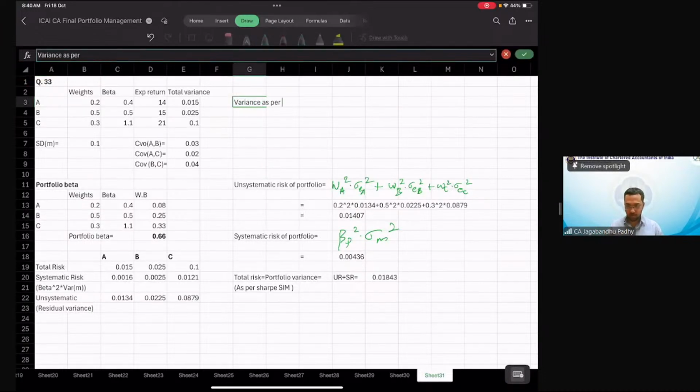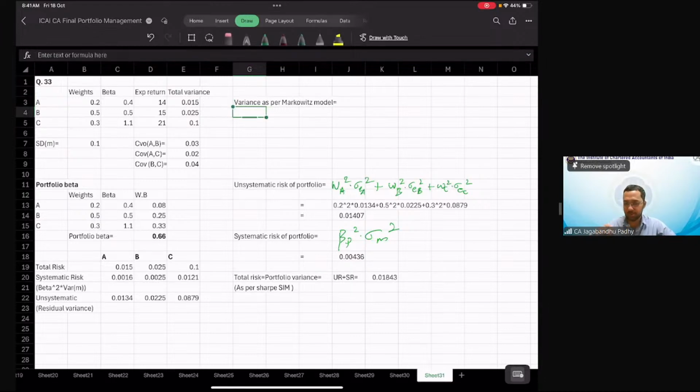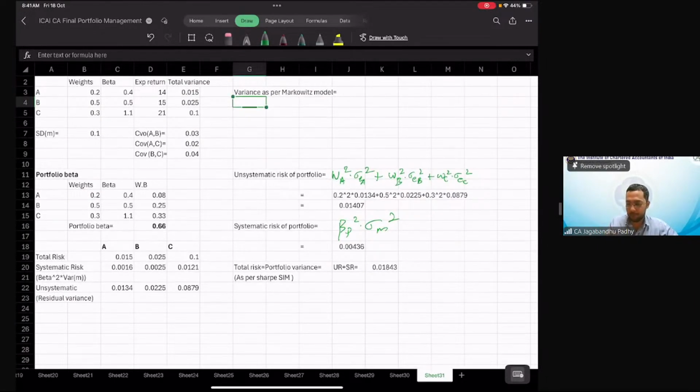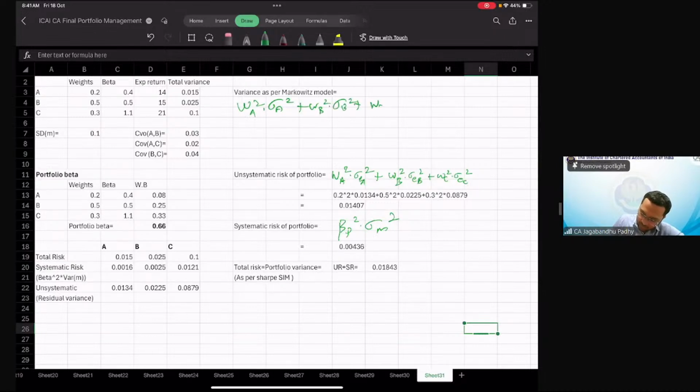Variance as per Markowitz model is computed as weight of A square into variance of A plus weight of B square into variance of B plus weight of C square into variance of C plus 2 into weight of A into weight of B into covariance between A and B. But since we have 3 securities, I need to consider the other covariances also.